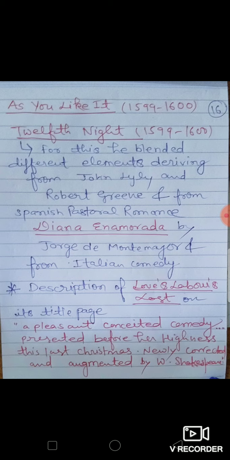We find one description about his play Love's Labour's Lost on its title page, and we should remember it because the questions come like this. They will give the quotation, and they will ask which drama the quotation talks about.